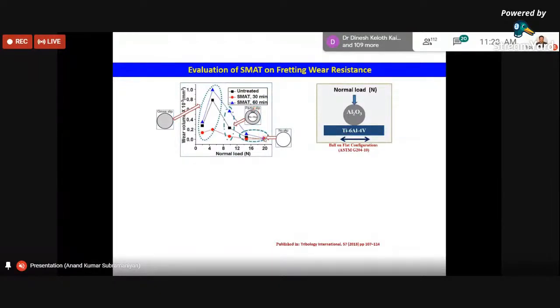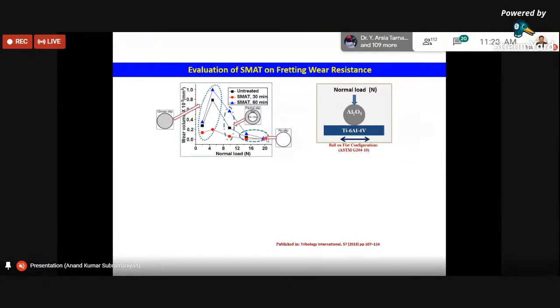And if we further increase this normal load to, let's say, 20 Newton, then it is almost like a no slip condition, which means that we are constraining the movement of this titanium alloy. Although you induce the displacement, because of this higher normal load, this titanium alloy substrate is not able to move, or there is no reciprocating motion, because of which there won't be any material loss.